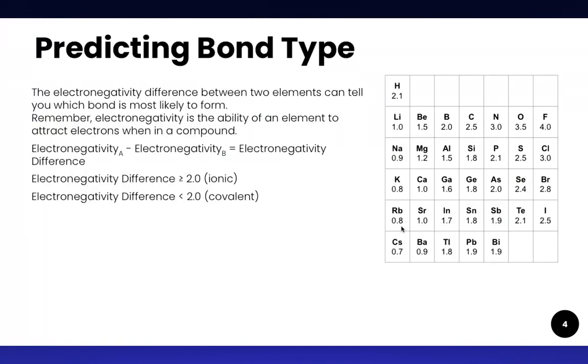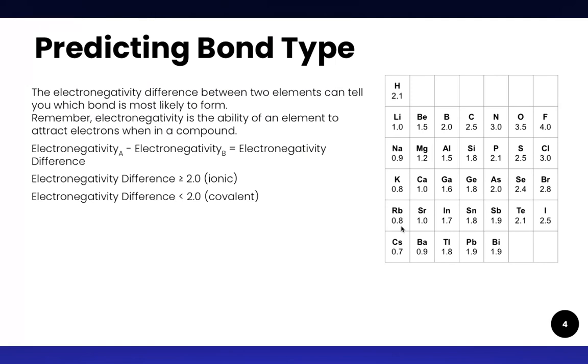The other way you can do it is using electronegativity difference. So we're going to go over how to do that calculation. The electronegativity difference between two elements can tell you which bond is most likely to form. Remember, electronegativity is the ability of an element to attract electrons when in a compound. So it's how strongly that element pulls electrons in.